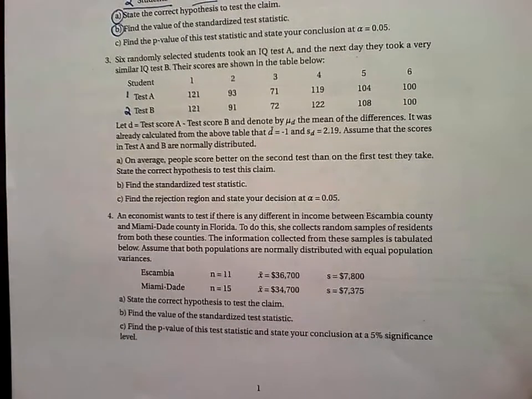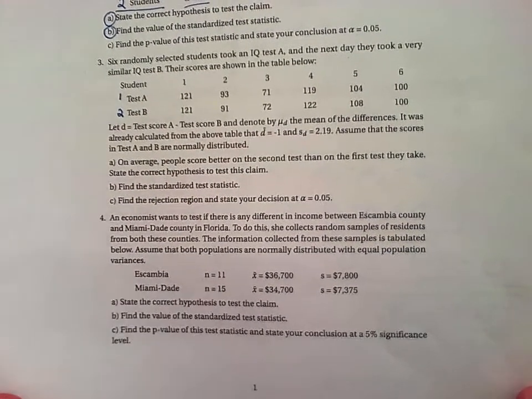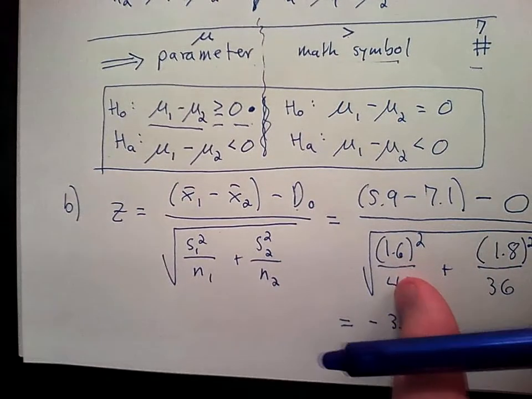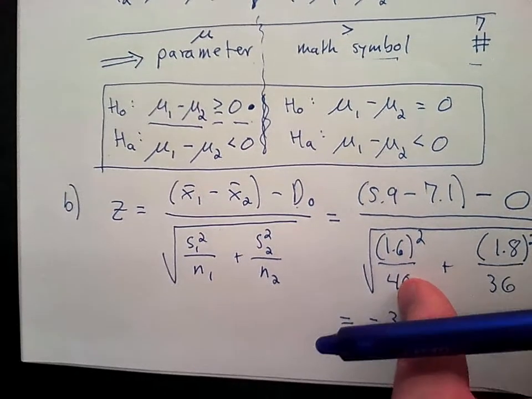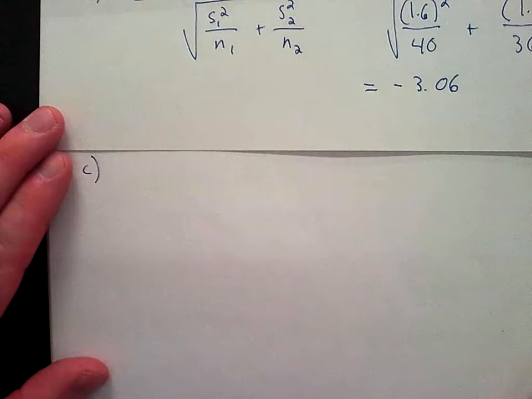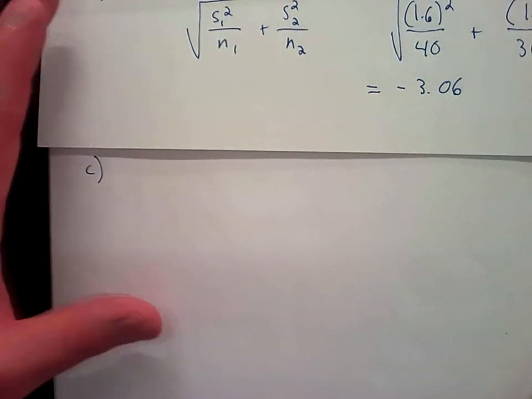Then if we go on to 2c, it says find the p-value of this test statistic and state your conclusion at an alpha of 0.05. So we have this standardized test statistic, which is negative 3.06, and we're trying to find the p-value in part C. What do we do to find the p-value?